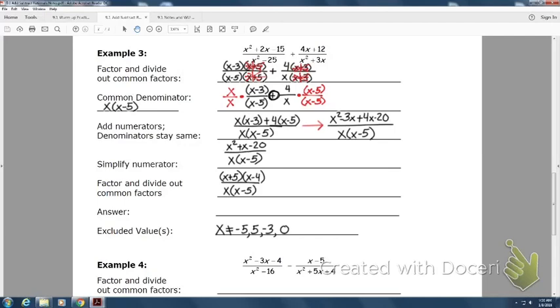So I can't cancel anything out. It's as factored down as possible. So that right there is my answer with my excluded values. Okay. Questions on that problem?